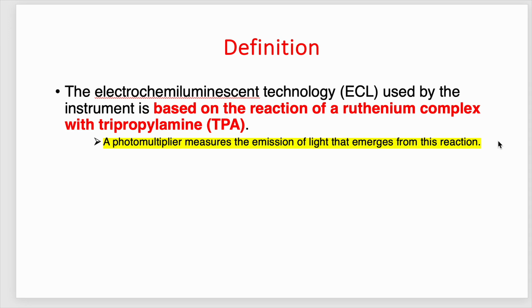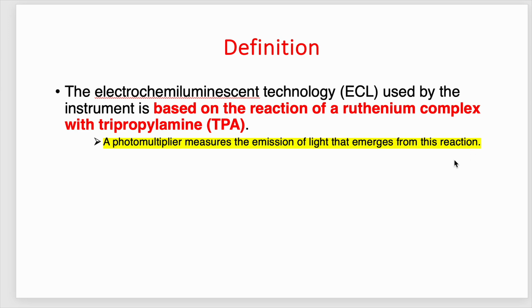So the chemiluminescence technology is used in immunology. Basically, it is based on reactions of two things: ruthenium, which is a metal, and TBA, which is very reactive.